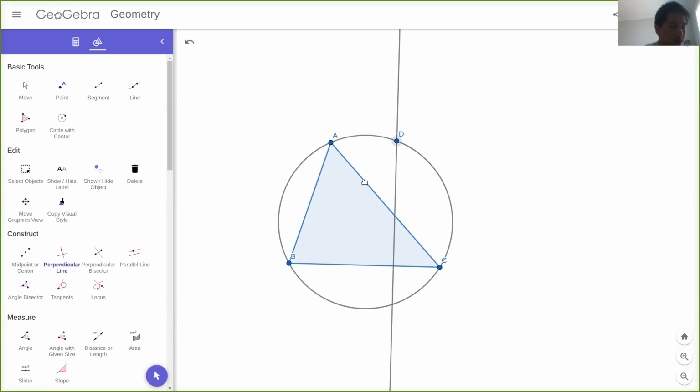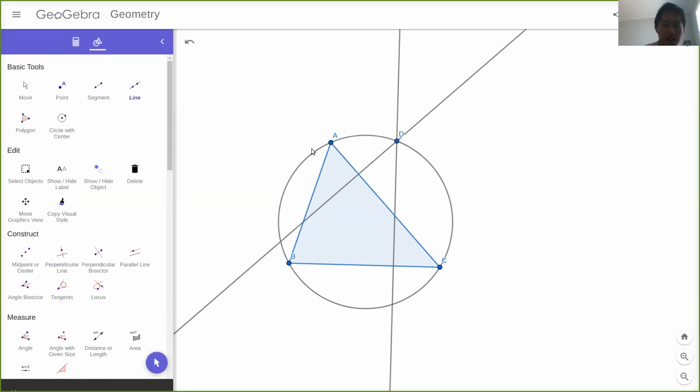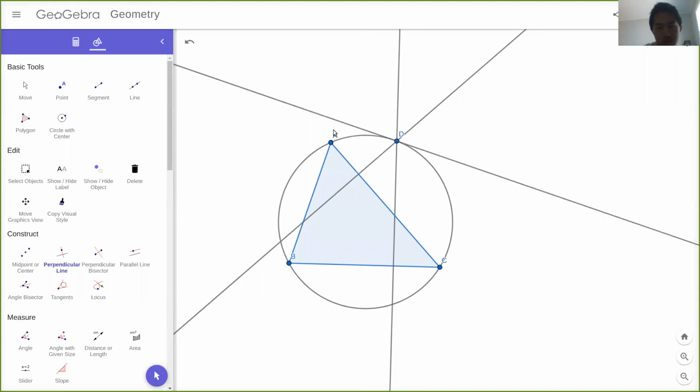D to, and yeah, some of you know this is the Simpson line. And D to AB, which, if we draw the perpendicular from D to AB, it goes through some point on AB here, but for that we need to extend the line AB.